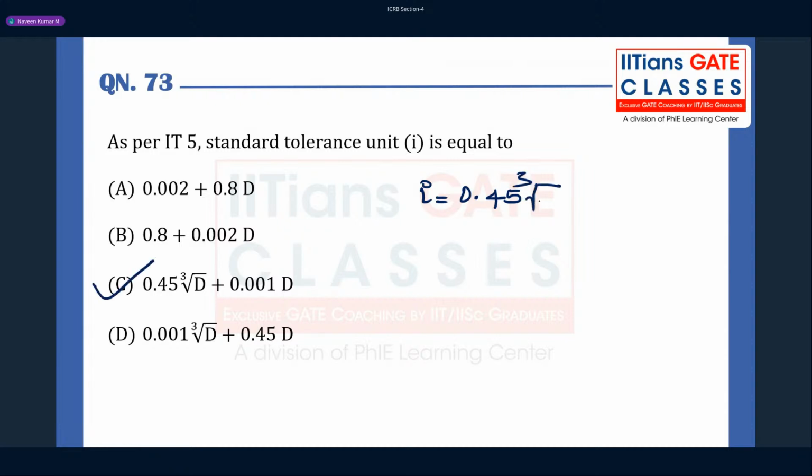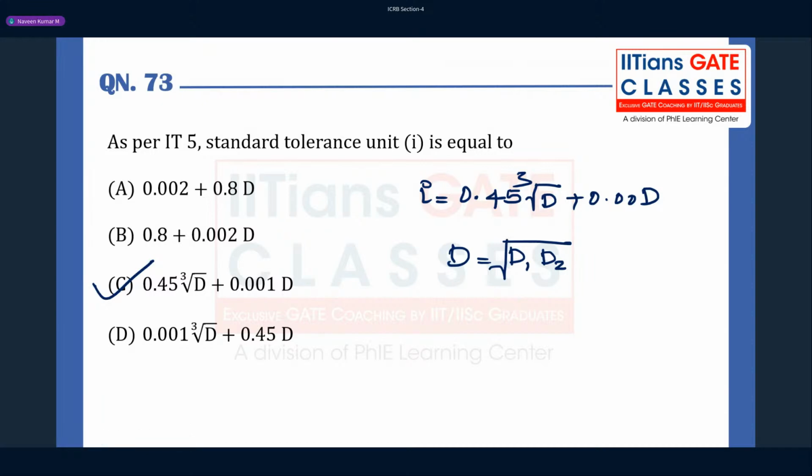You should remember this. There's no other way. And what is this D here? D is nothing but the geometric mean of two diameters. What are these two diameters? Two diameters are the nominal sizes for the ranges, the beginning and ending, for the standard tolerance grading, IT tolerance, right?